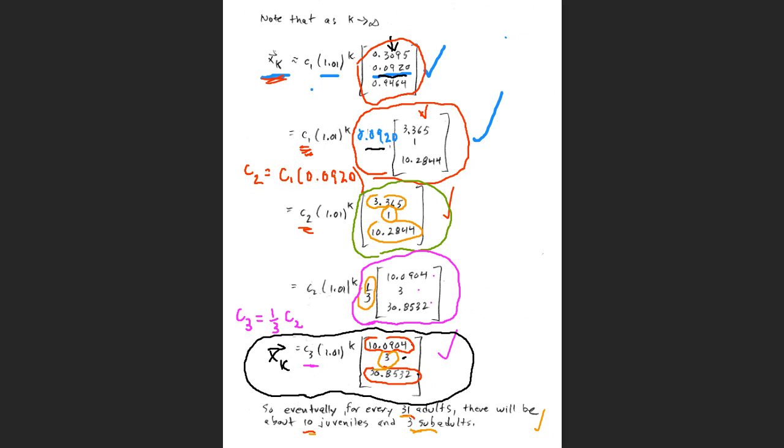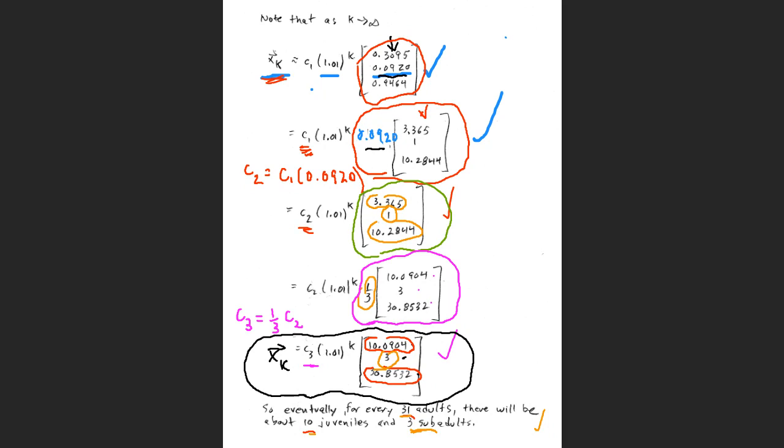Now the juveniles, there's a lot of juveniles because they're being fed by the adults, right? So the juveniles, they're going to hang around for a while, but look at the subadults. It's 3 subadults for every 10 juveniles and 31 adults.